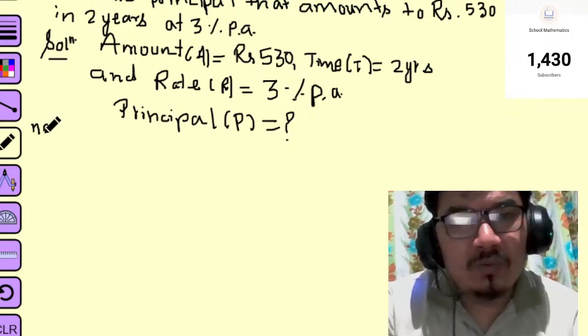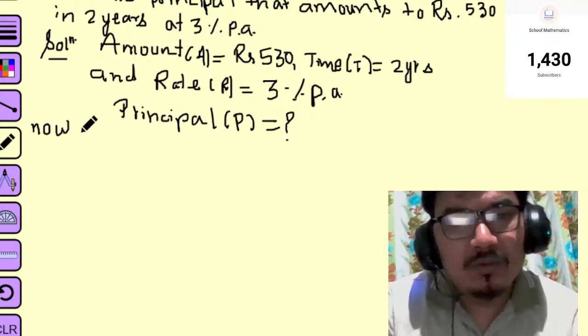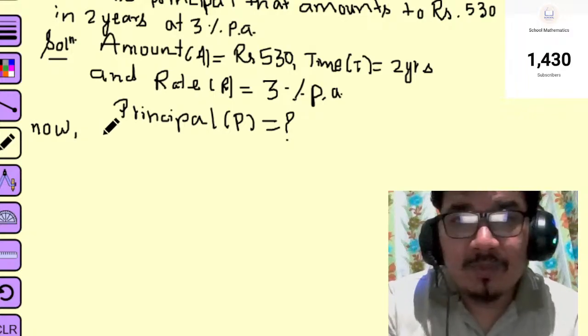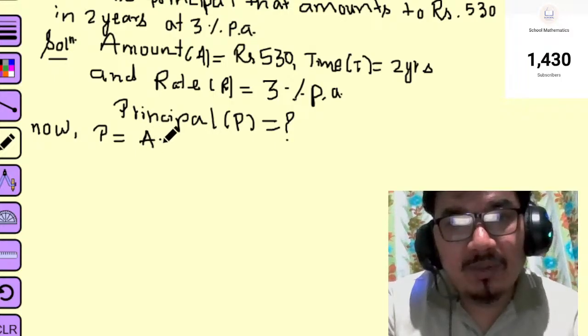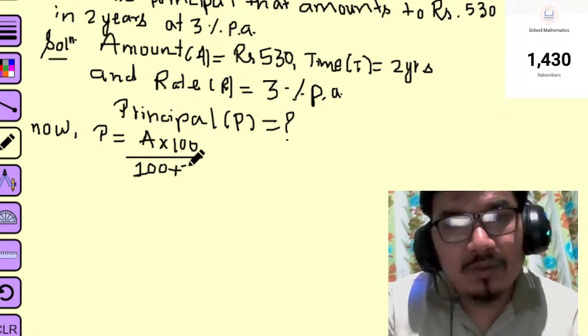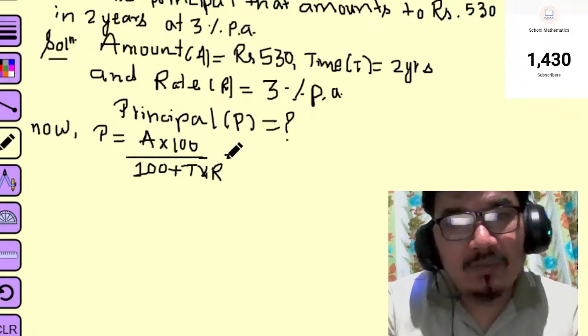Now we have to use, look here children, as we know, I have displayed this formula also: principal equals, if amount is given, then we have to use this formula, A into 100 by 100 plus T into R. And here we have to put the values.